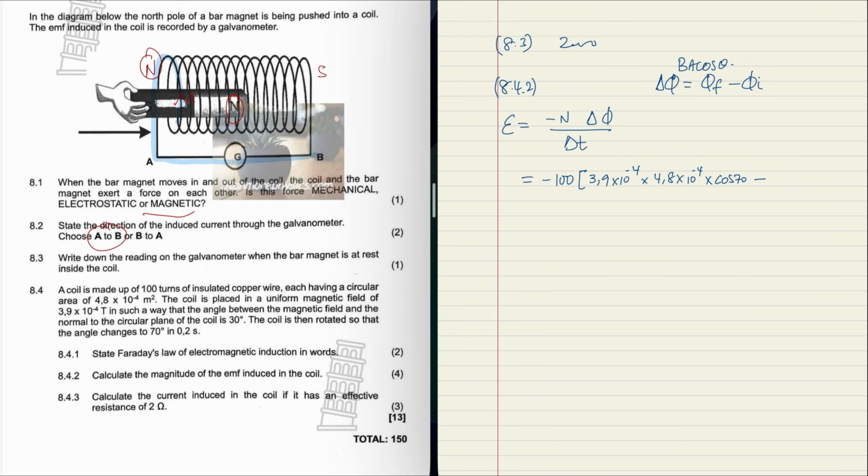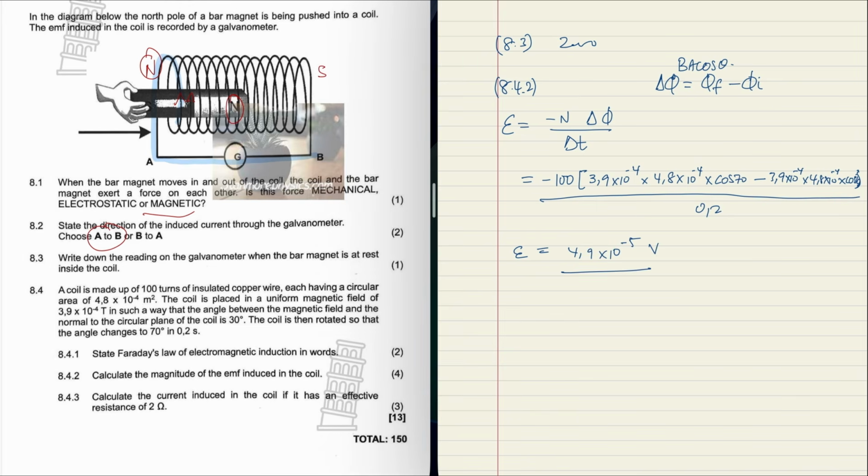Then minus 3.9 times 10 to the minus 4 times 4.8 times 10 to the minus 4 times cos of the initial angle, which is cos of 30 degrees. And we close that. And that's all divided by the time in which this occurred, which is 0.2 seconds. That means the EMF is equal to 4.9 times 10 to the minus 5 volts.